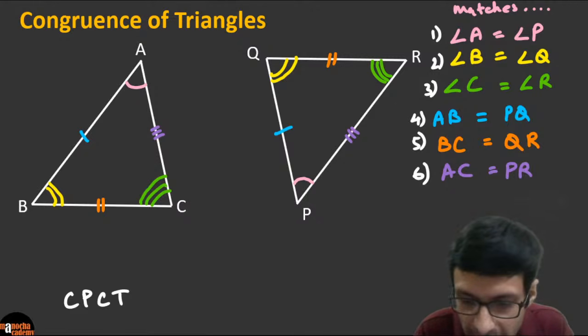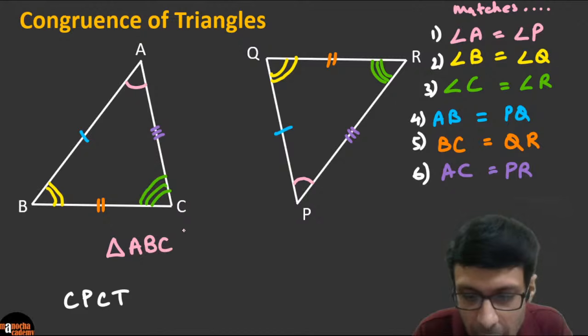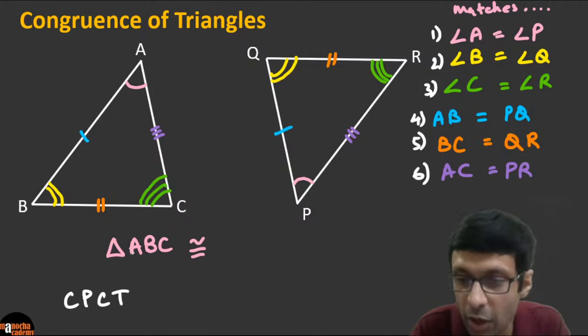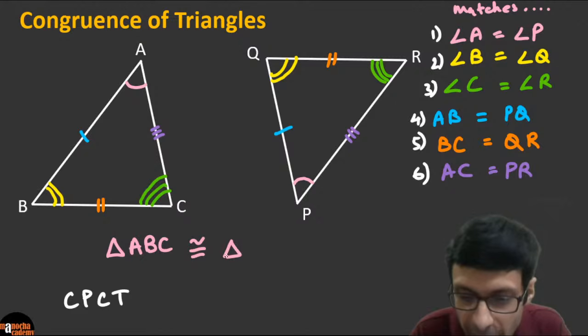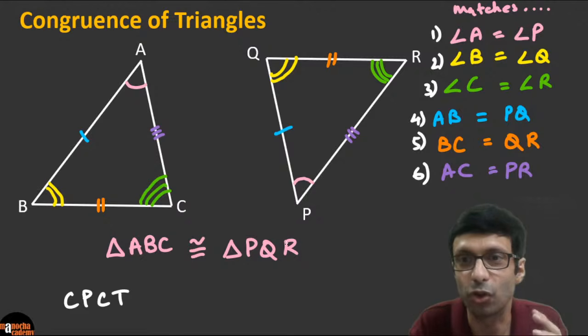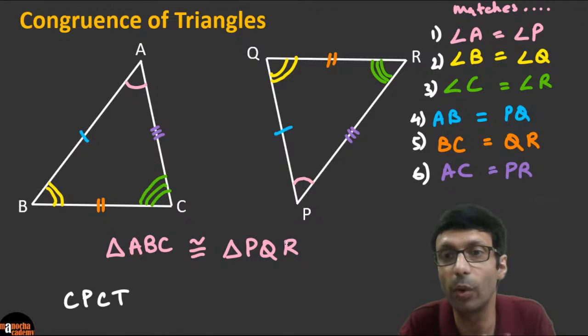Triangle ABC is congruent to... the first triangle you can take in any order. Now A's corresponding one is P, B is Q, and this one is R. So you need to write it in the same order. Triangle ABC is congruent to PQR because A corresponds to P.